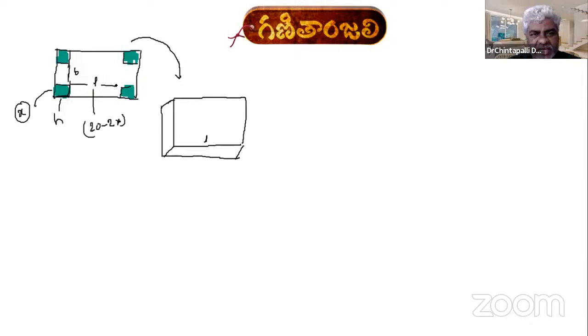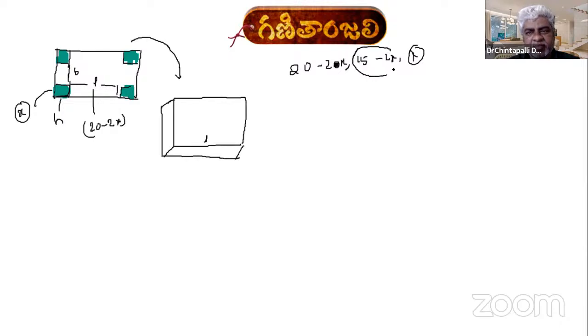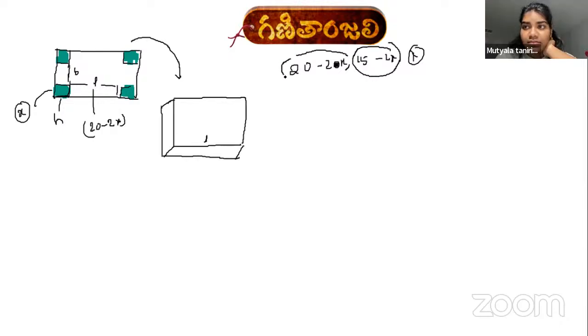Because there are x on both sides. So the measurements of the new box are 20 minus 2x, breadth 15 minus 2x, and height x.